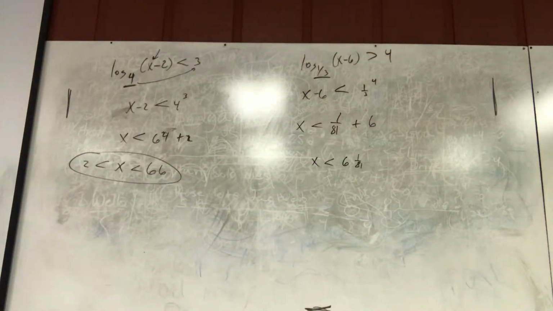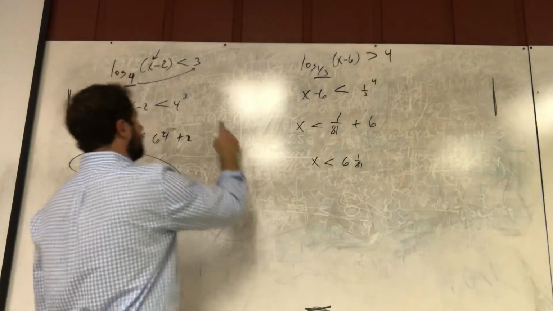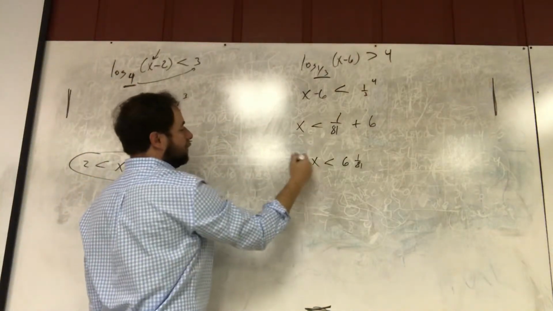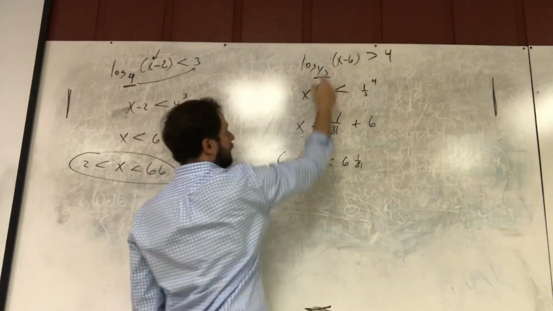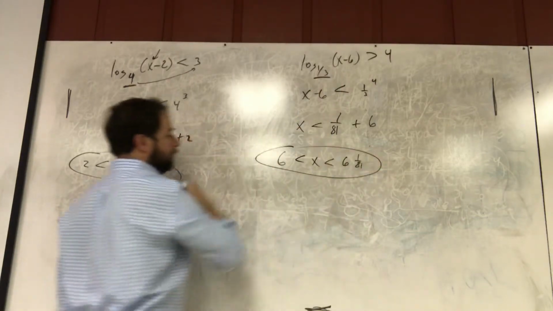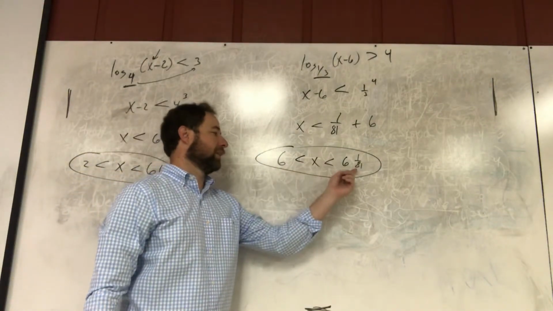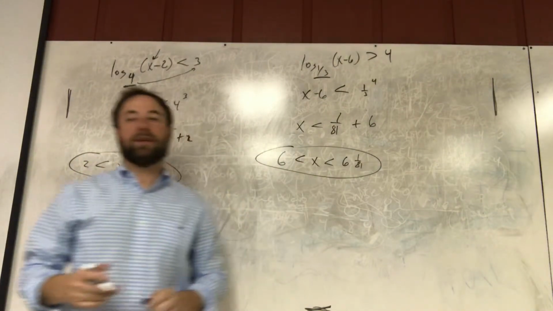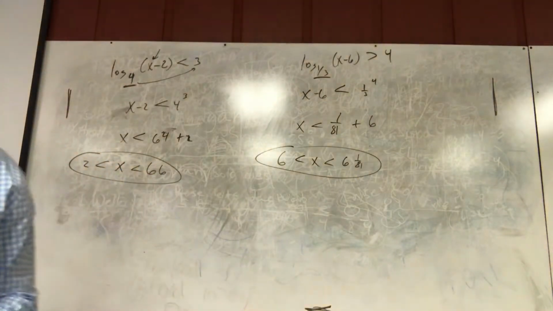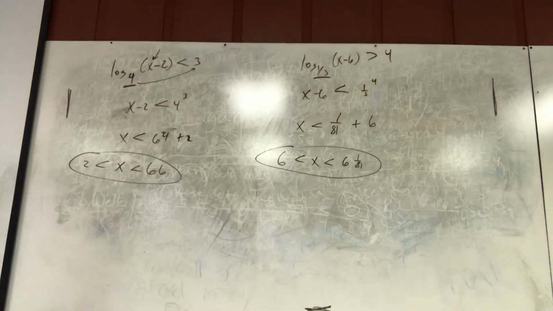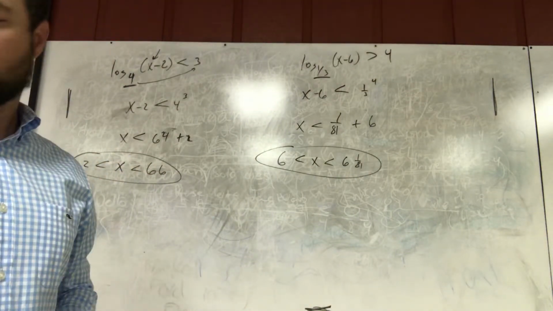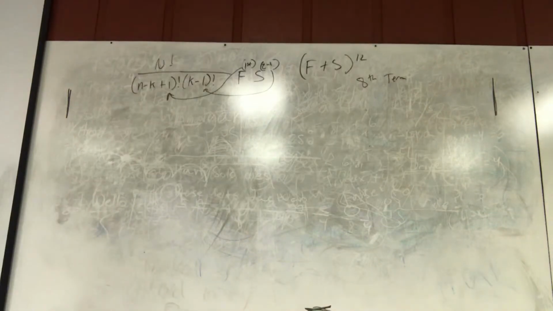And no need to put that in improper fraction. But same thing as we did here, x must also be greater than 6. So it fulfills. So it's somewhere in between above 6 and below 6 and 1/81. So very specific numbers there in that one. But that is it for lesson 111.